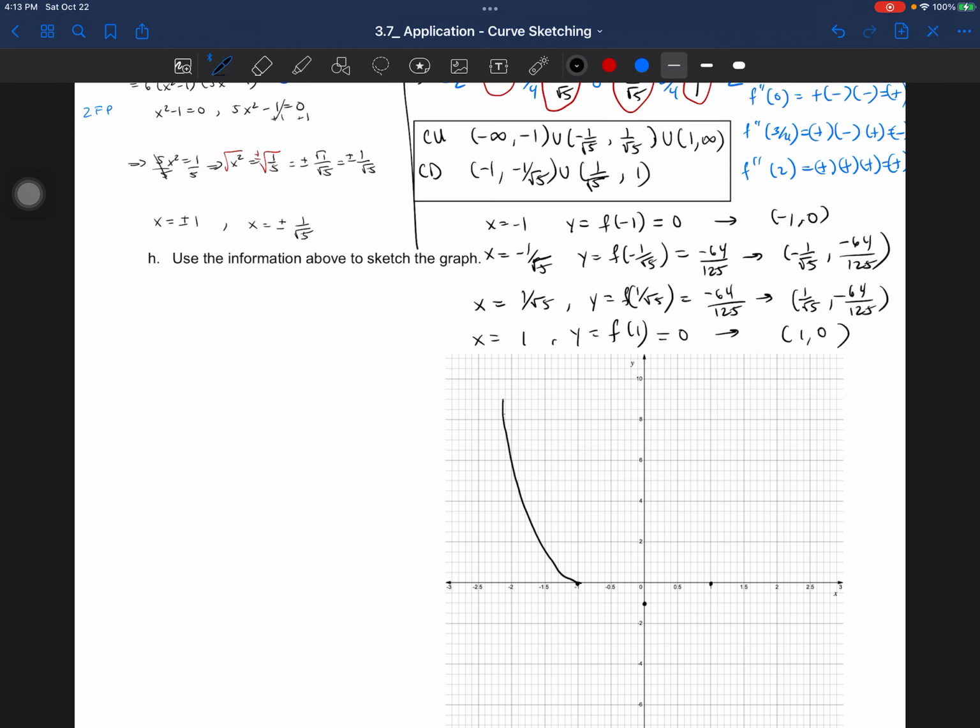It is roughly 2.23. And then 1 over the square root of 5, right, so that's 0.44. So somewhere in here, negative 0.44, we have negative 64 over 125.